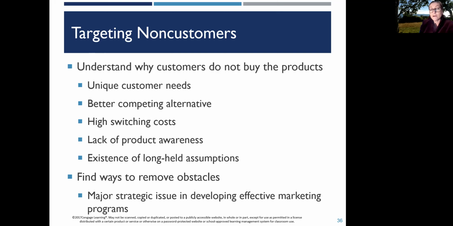So maybe it actually costs the consumer money or time and effort to switch from a competitor's brand to our brand. And then there's lack of product awareness, that maybe the inactive customers don't actually know that our brand exists. Maybe there are assumptions that are long held by the consumer about whether or not they should be buying our product. And maybe those assumptions are accurate or not.